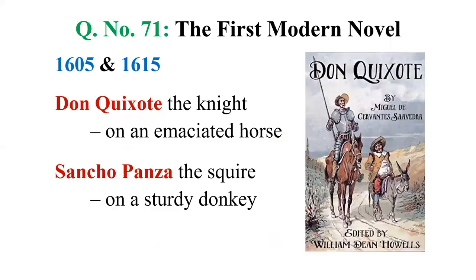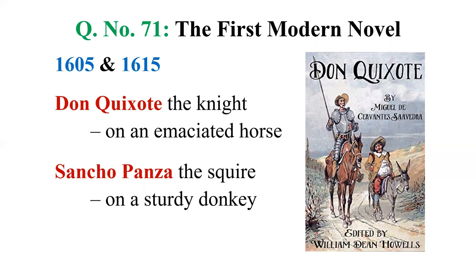We have Don Quixote, published in 1605, second volume 1615, by the Spanish writer Miguel de Cervantes. It is considered the first modern novel in the world. And in this novel, we have a pair of well-known characters. We have Don Quixote, the knight, an old man who reads a lot and who wants to go on an adventure.